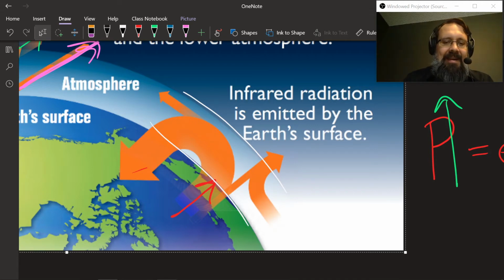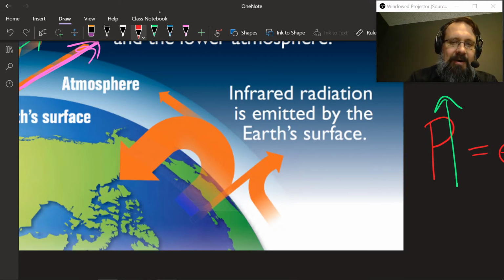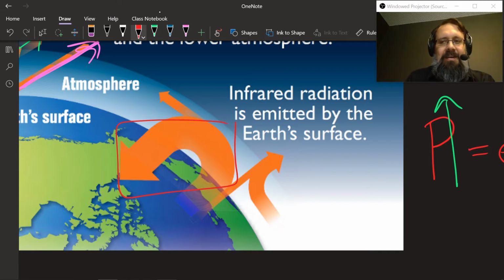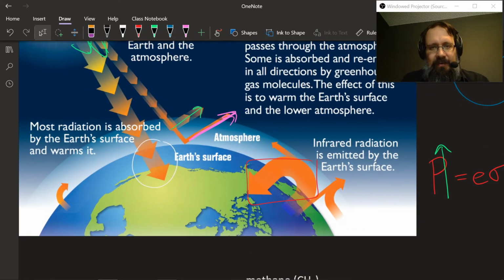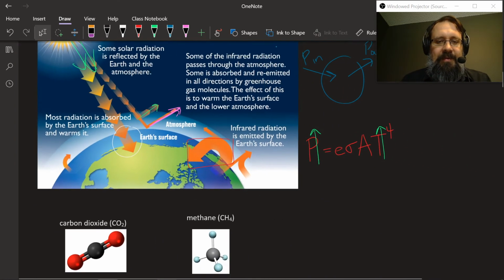And so that very clearly, this part here, this is the greenhouse effect. The fact that not all the heat is able to escape the Earth. I shouldn't say heat. I should say radiation. Not all the radiation is able to escape because some of it gets absorbed by the atmosphere. Just like on the way in, some of it got absorbed by the atmosphere. On the way out, some of it is also going to get absorbed by the atmosphere.